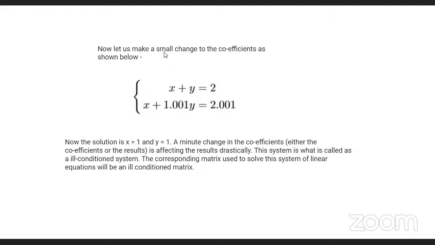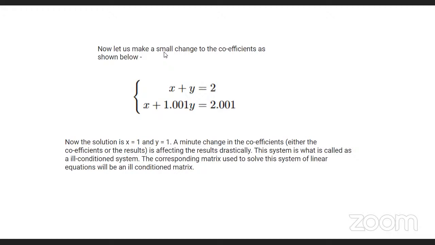So a very minute change in the coefficient, and it doesn't have to be the coefficient of x and y, it could also be the result, drastically affected the entire system. It means this system is ill-conditioned.